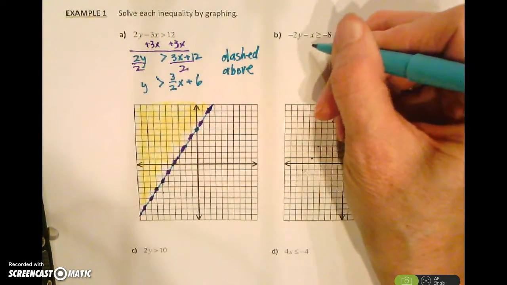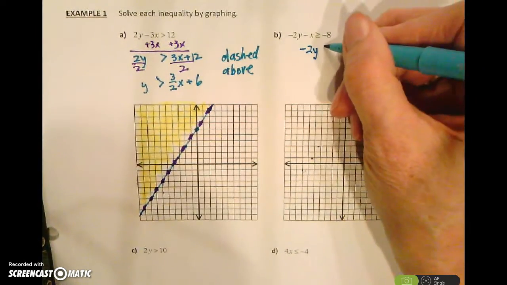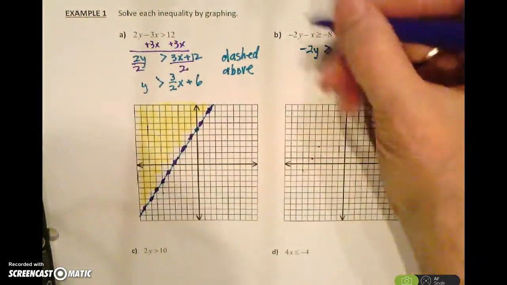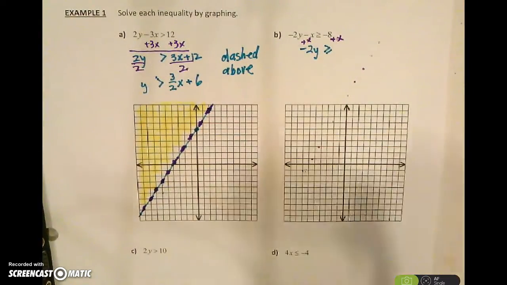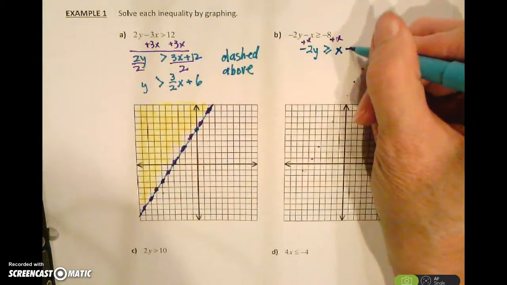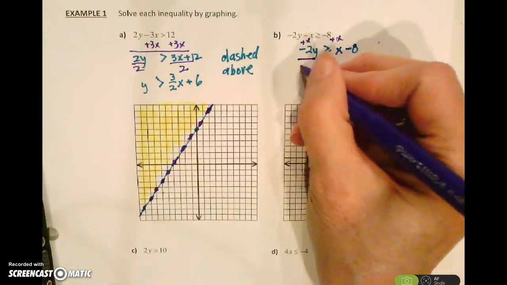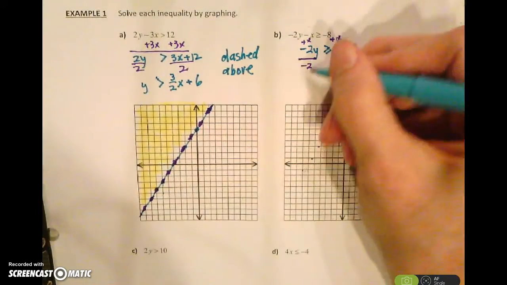So I'm going to have negative 2y is greater than or equal to, and I'm adding x to both sides, so plus x, plus x. So it's going to be equal to x minus 8. I'm going to divide both sides by negative 2, and I'm going to get y.